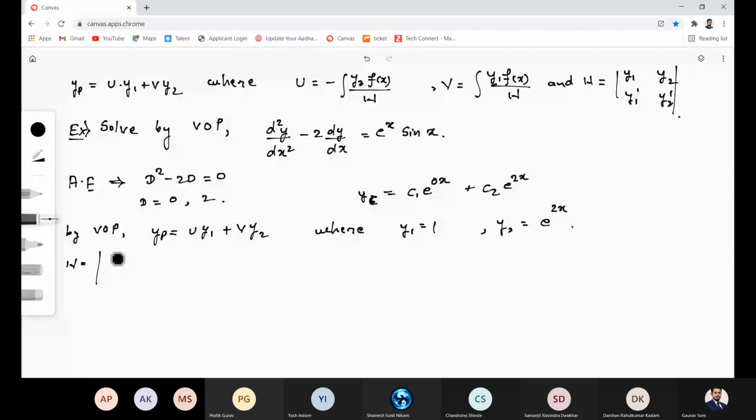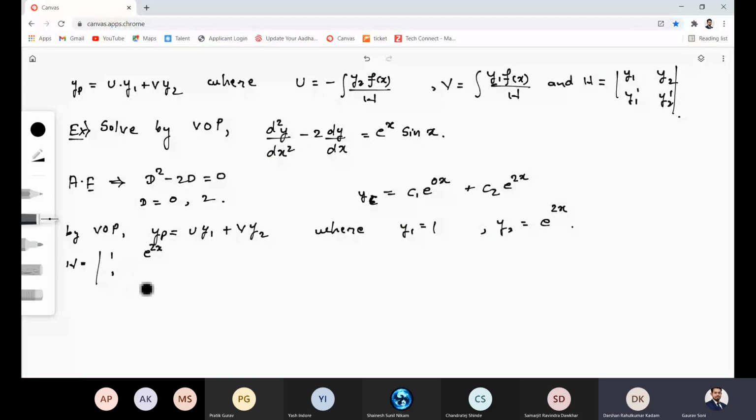Find w: 1, e to the power 2x. What is the derivative of 1? Derivative of 1 is 0.